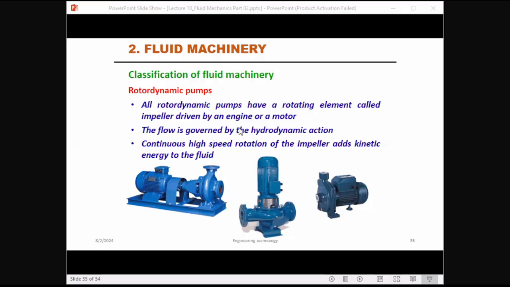All rotordynamic pumps have an impeller that is driven by an engine or a motor. This impeller is crucial for the pump's operation.